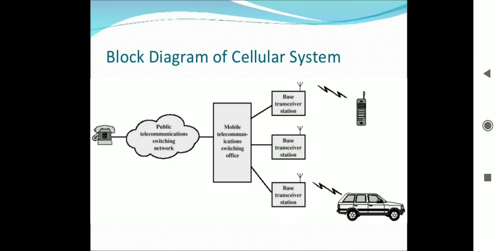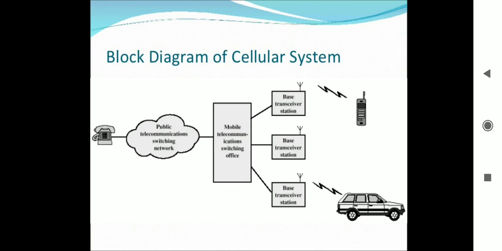Now what is BS? BS means the base station. Each cell contains an antenna which is controlled by a small office.